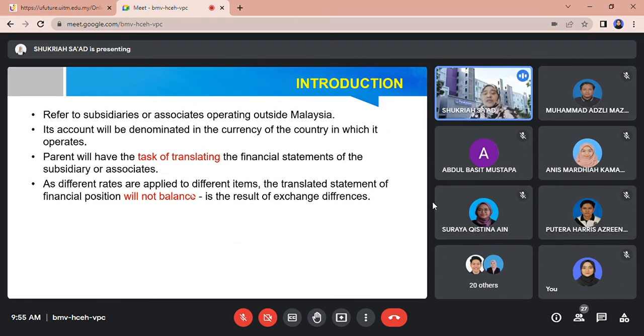So later on, financial position will not be balanced. Tapi tak apa, any amount yang missing value tu, kita treat sebagai result of exchange differences. Dia tak balance sebab lain item guna lain exchange rate. So at the end nanti, amount yang remaining balance yang tak balance tu, kita namakan itu sebagai result of exchange differences.